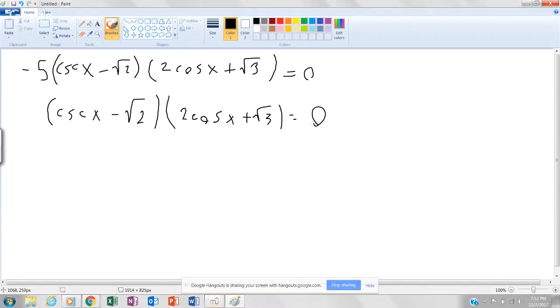Well, now we can say that either one of these parentheses can equal 0, so we'll start off with the first one.